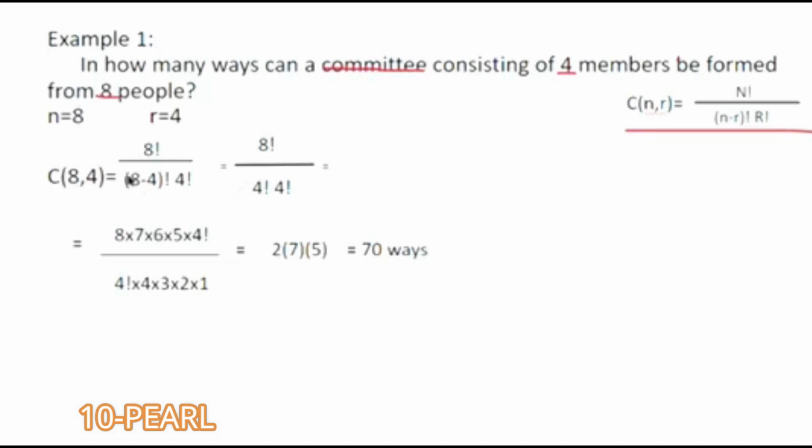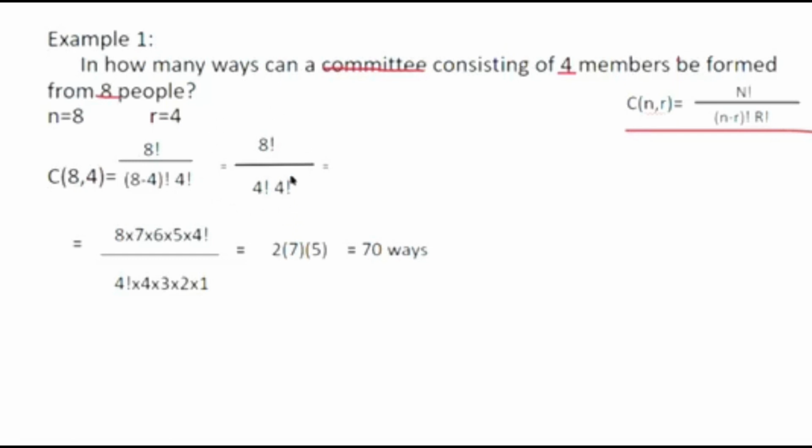So, i-substitute natin yung formula natin sa ating given. So, combination 8, 4 is equal to 8 factorial over 8 minus 4 factorial times 4 factorial. Solve natin, 8 factorial over 4 factorial times 4 factorial.